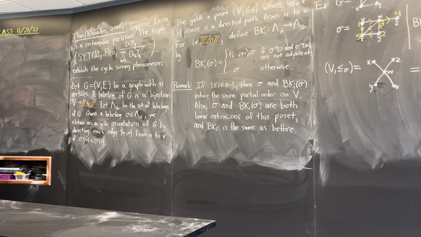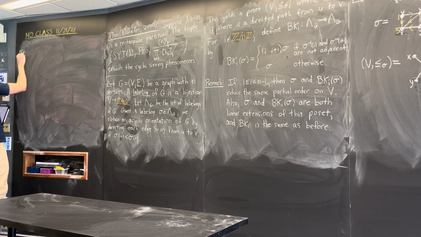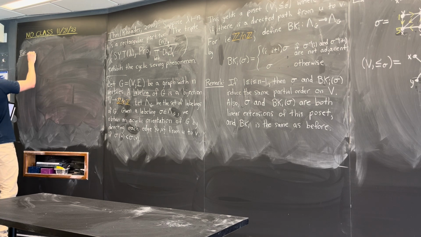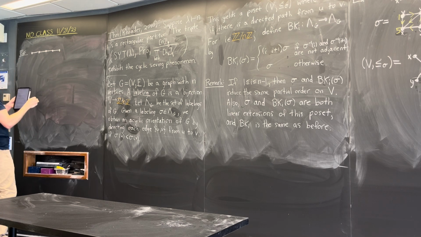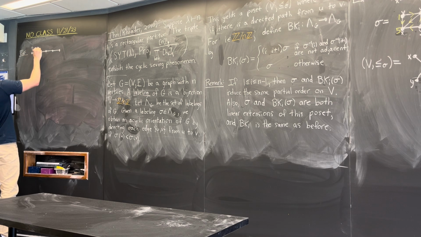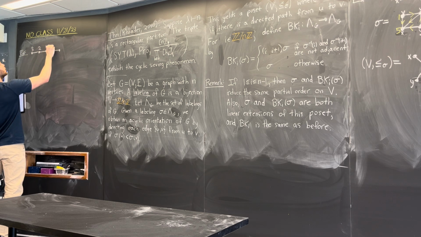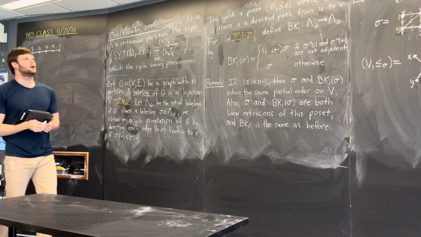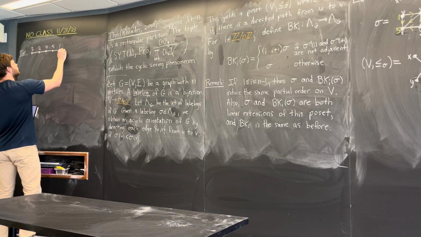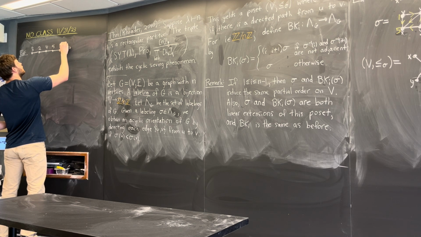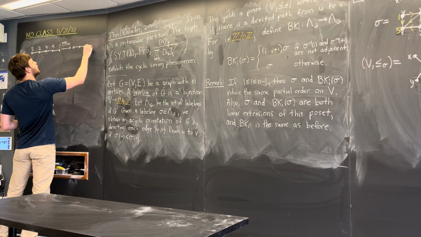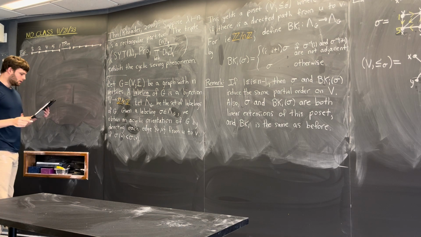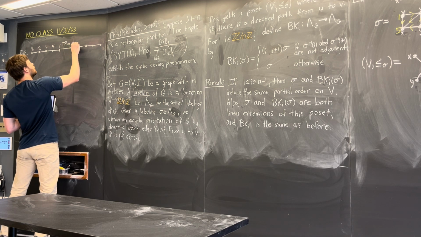Let me do sort of a continuation of this example, except I'm not going to draw out all the steps. I'm going to start with this. So I start with 3, 2, 4, 5, 1. And what I just computed says that toric promotion sends this to 25314.